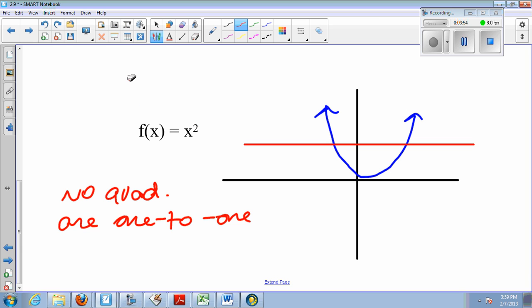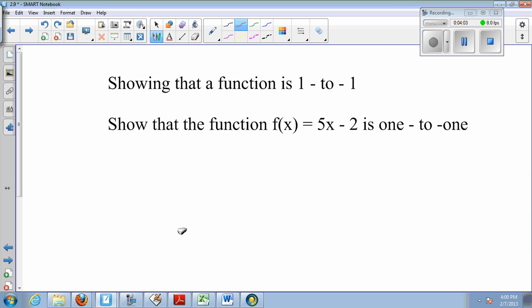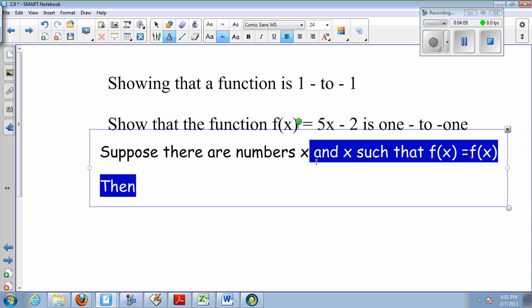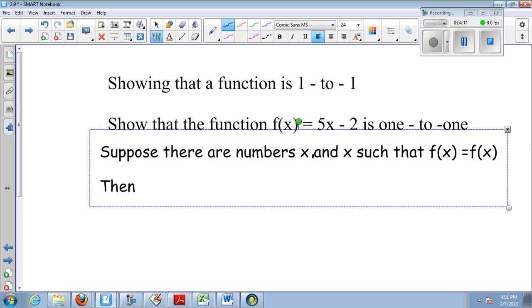So now we're going to show that a function is one-to-one. Suppose there are numbers x1 and x2 such that f of x1 equals f of x2.